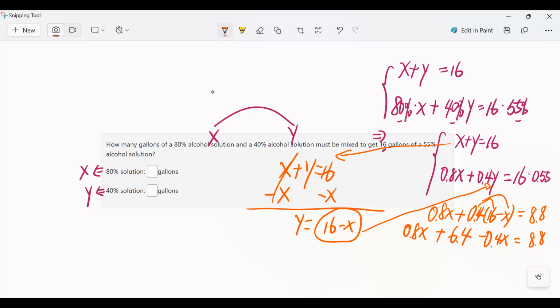Now again, combine like terms. Those are like terms, 0.8x minus 0.4x plus 6.4 equals 8.8. And we subtract 6.4 from both sides of the equation. 0.4x equal to 2.4.